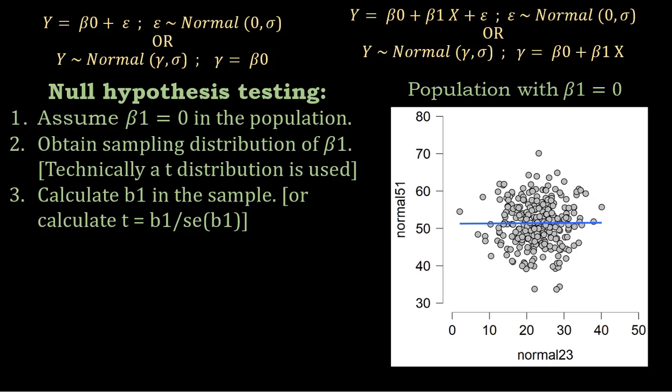Because I generated those random numbers separately, those variables are not related at all, so there is no connection. And if there is no connection, when we calculate the beta 1 in that population, then it is 0. So you have to imagine that they are not just 300 values.